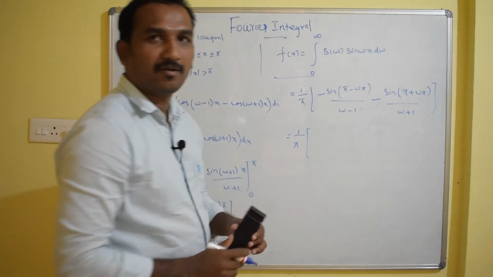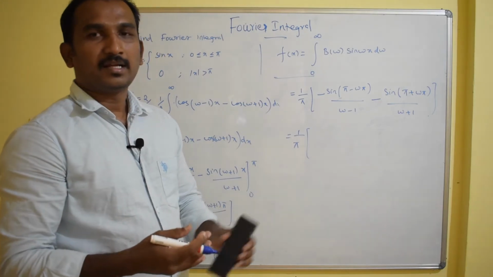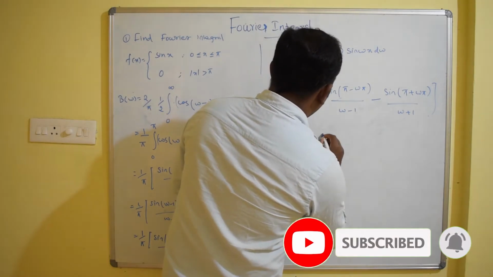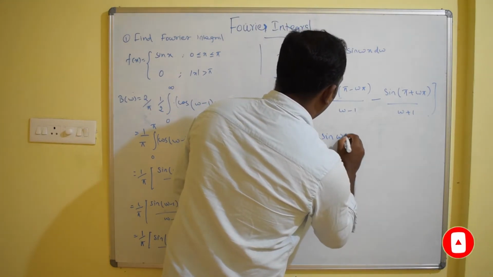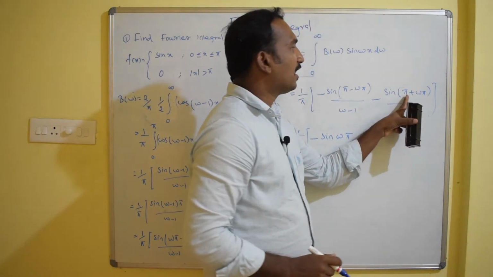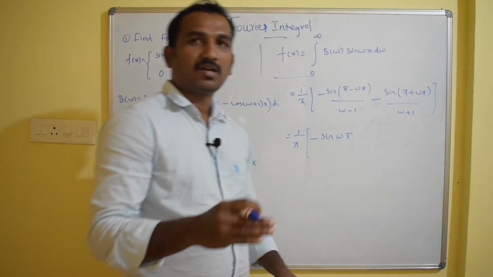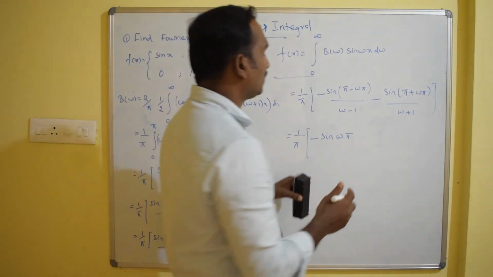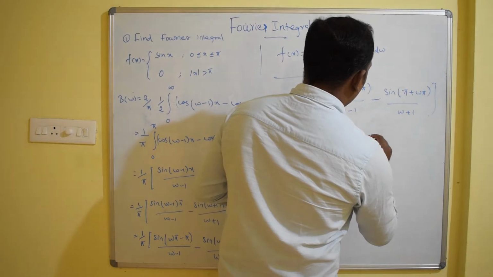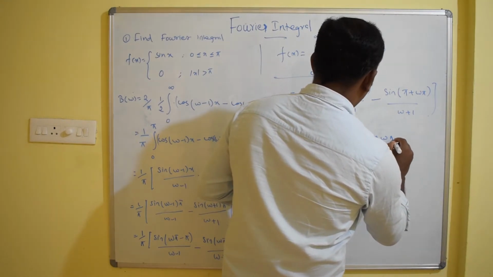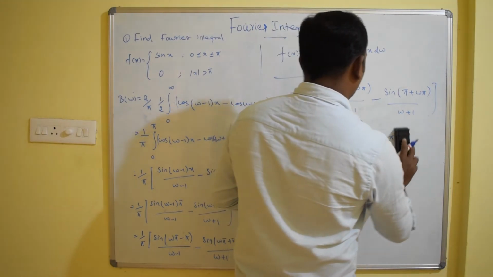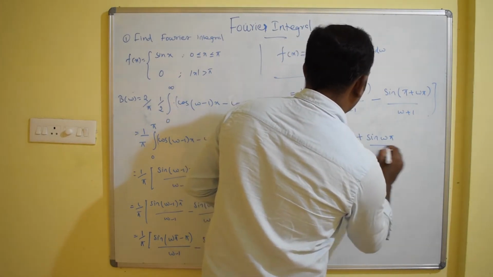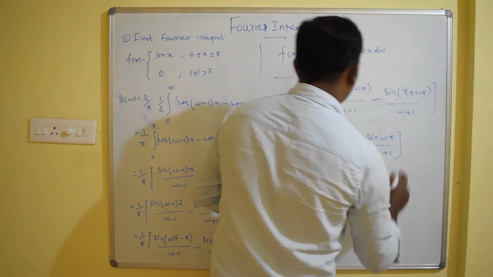We all know the sign of sin(180 minus theta) is positive sin theta. So this will become minus sin omega pi, and for sin(180 plus theta), that will fall into the third quadrant. In the third quadrant sin is negative, so minus into minus will become plus sin omega pi divided by (omega minus 1), and here (omega plus 1), correct?